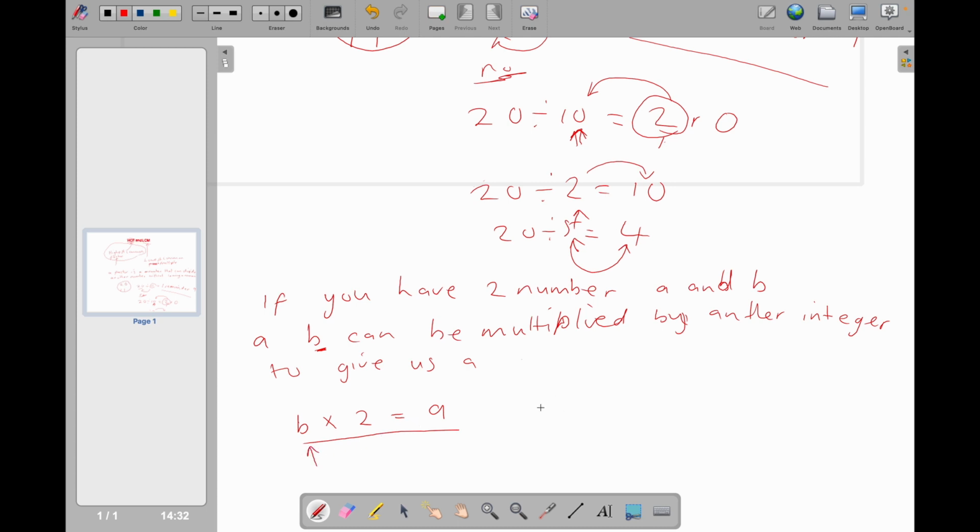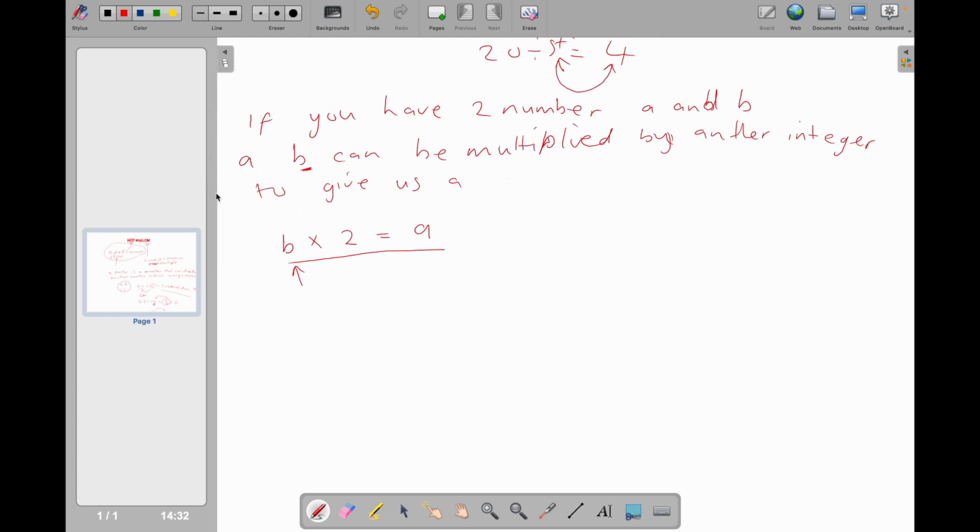So let's take this into practice. Let's take this to see in real life examples. Let's have 3 multiplied by 2 to give us 6. So what are we saying? We are saying 3 is a factor of 6.